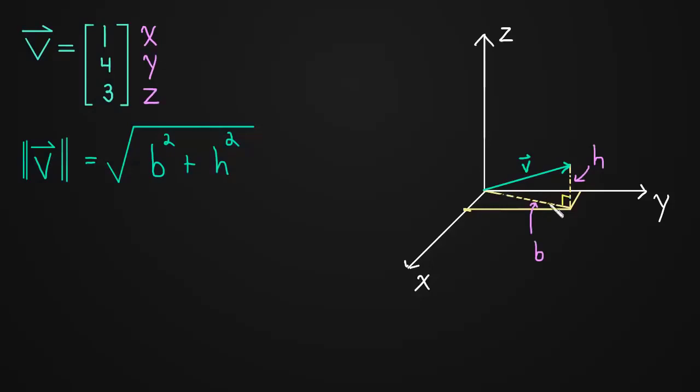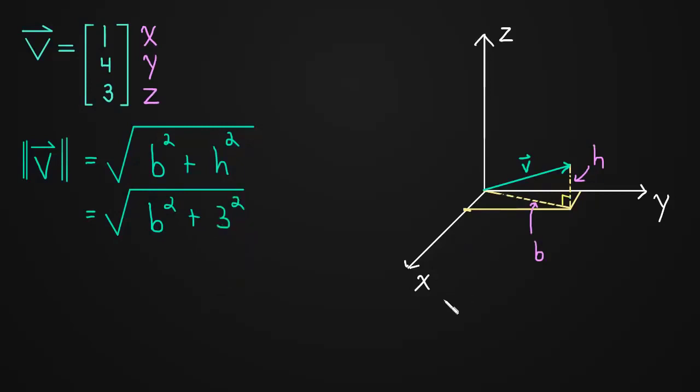Well, the height is easy. The height is how far we go up in z, and we're just going up 3 units in z. So the height is simply 3. Okay, took care of that. This is b squared plus 3 squared.